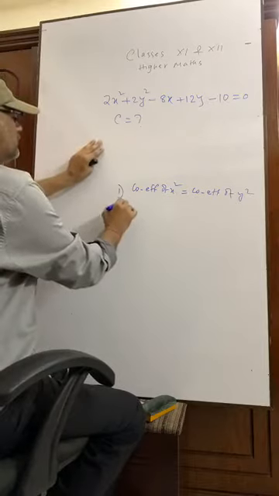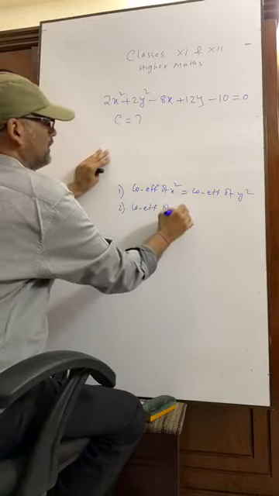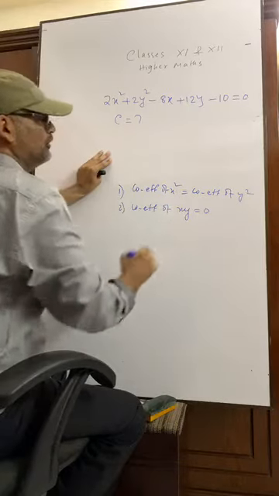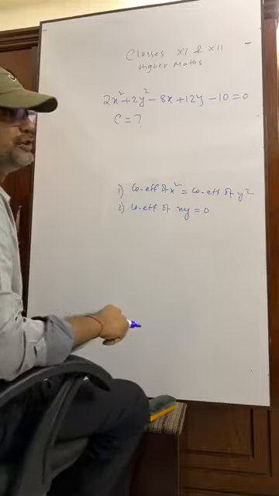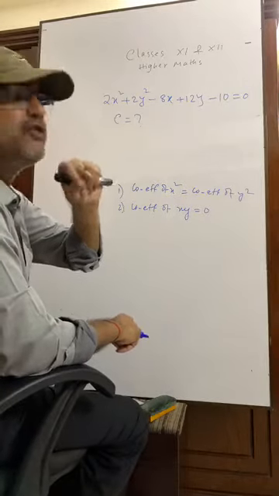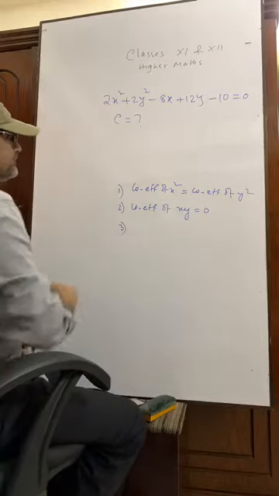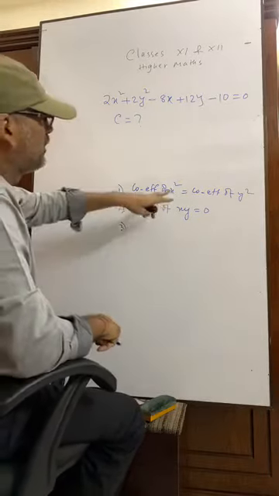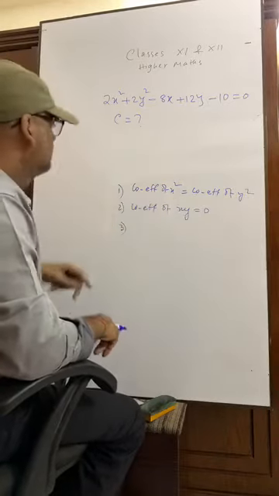Condition 2, the coefficient of xy will be equal to 0. That means there will be no xy part. Number 3, of course, the power of x and power of y will be 2. Okay.